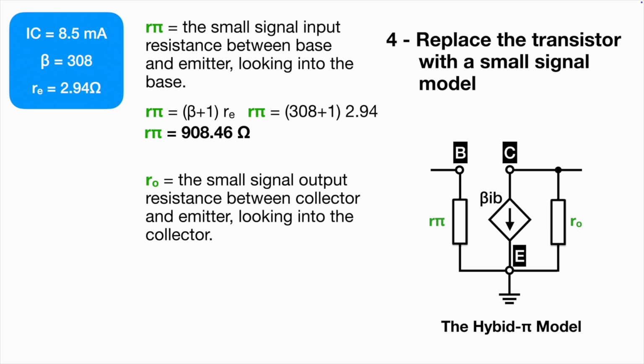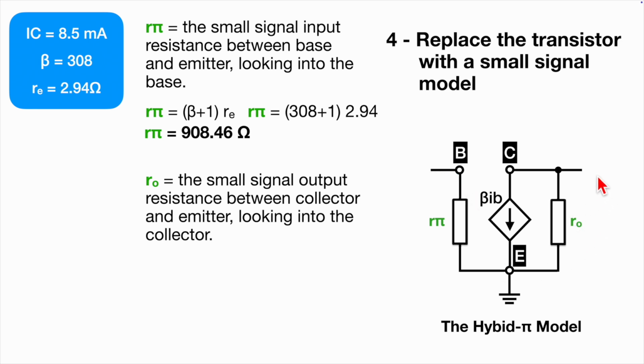So if R pi is the small signal input resistance between the base and the emitter looking into the base, R sub O is the small signal output resistance between the collector and the emitter looking into the collector. Okay, so this one we're looking into the base at what's between the base and the emitter.